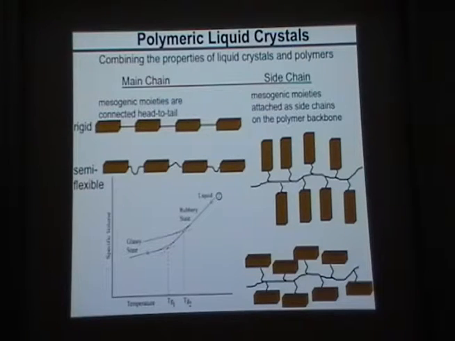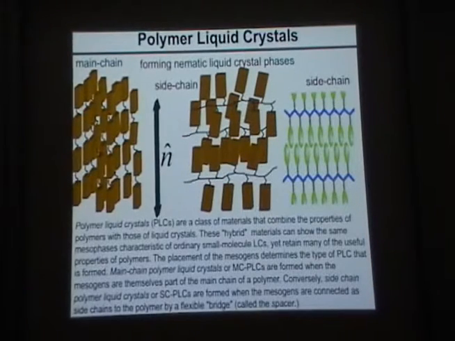And so in here you can see the side chain and main chain liquid crystal polymers, right, that again form a variety of liquid crystal phases. And so essentially all the phases we discussed and even more can be formed by polymers.